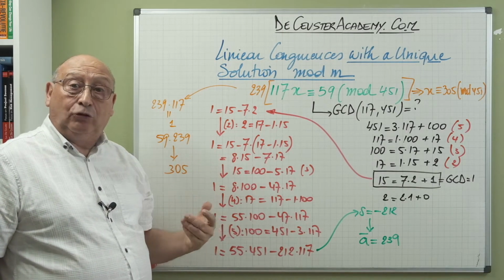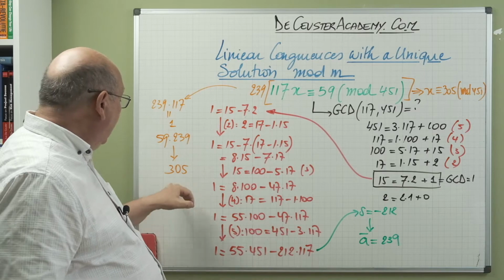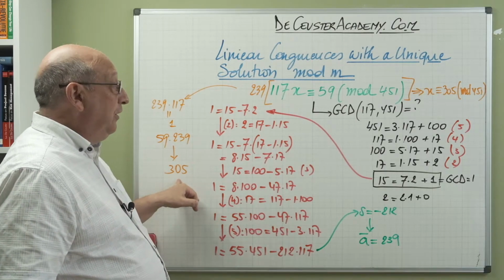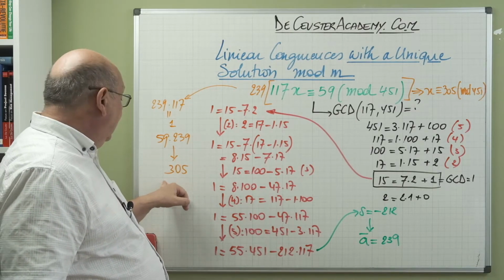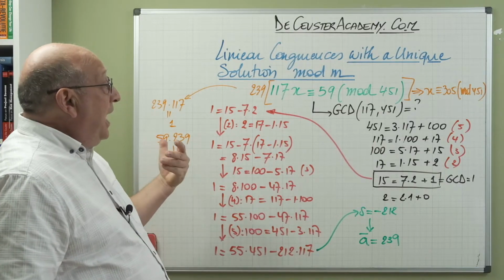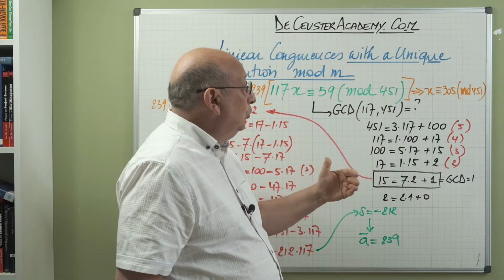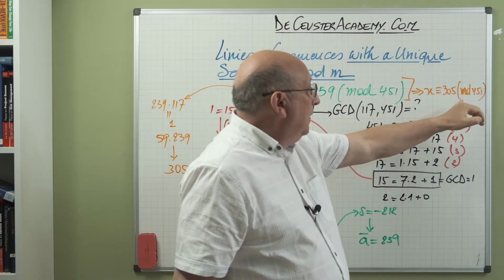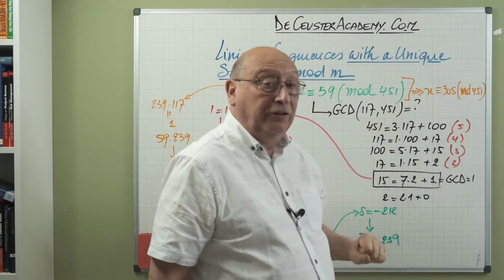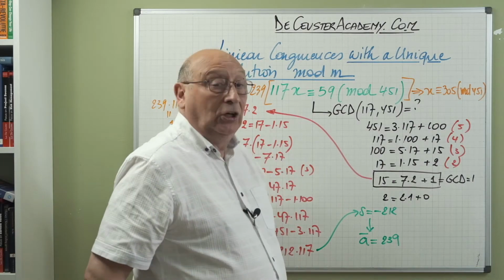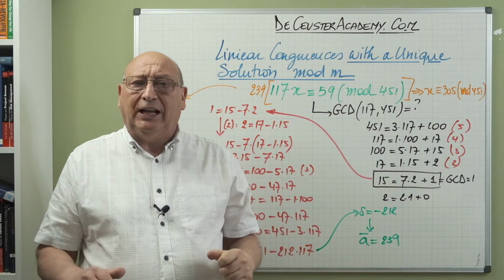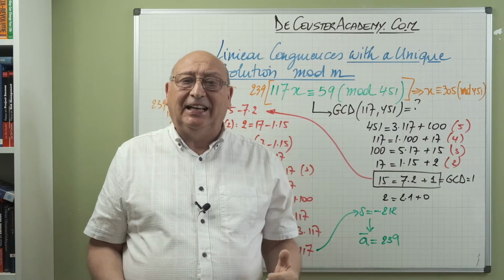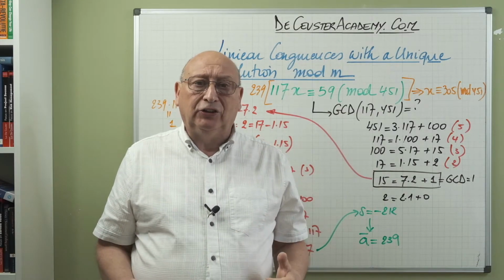When we bring that to the modular space, modulus 451, we can find that this is 305, and basically we can write the solution as x is congruent with 305 modulus 451, which is basically the solution. But let's do that again with a second exercise so you really understand the subject.